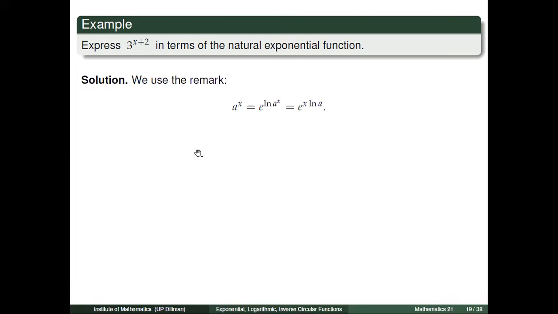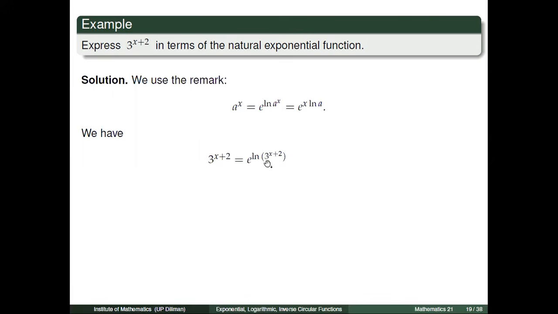So applying this with a replaced by 3 and x replaced by x + 2, we have the following. Applying the inverse property, a^x equals e^(ln(a^x)), we have 3^(x+2) equals e raised to the ln of 3^(x+2).